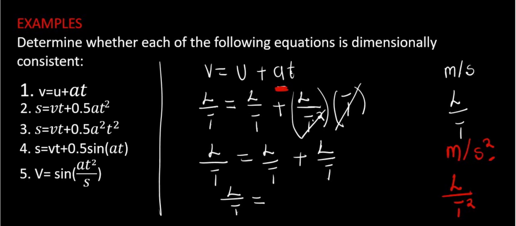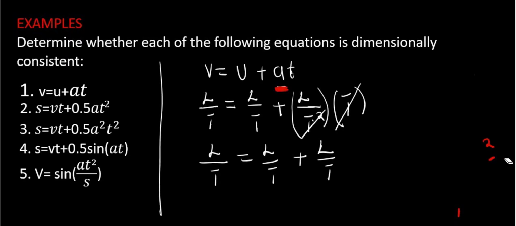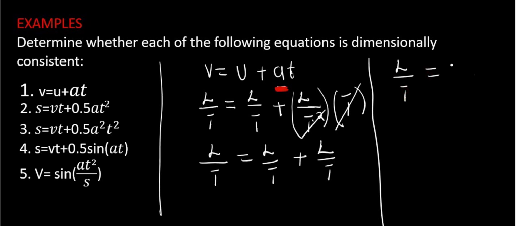Then from there you have L over T equal to L over T. Let me just write this side so that we can utilize this space. On this side you have L over T plus L over T, which equals 2L over T. In dimensional consistency, a number is a constant.